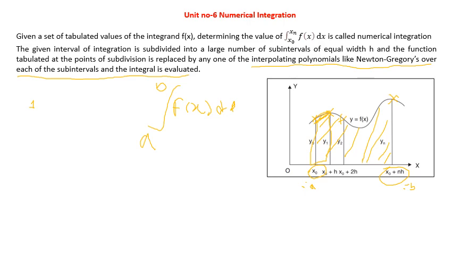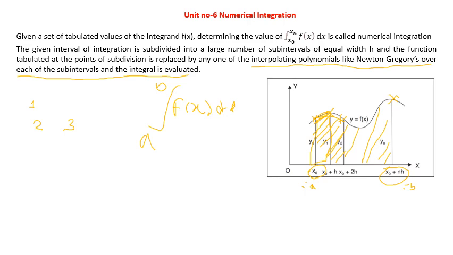or if you use 3 points to interpolate this polynomial, then you will have to fit a curve of degree 2 with the number of points 3. So you will get a second order polynomial, and the area under that curve you need to find out. Okay, so what you are doing is increasing the degree of the interpolating polynomial.